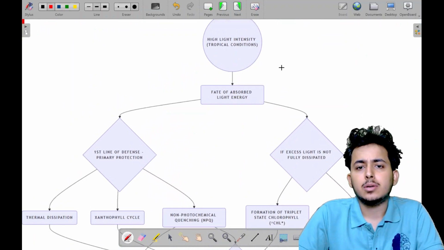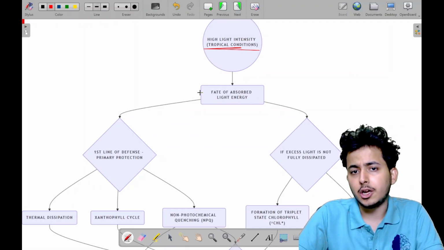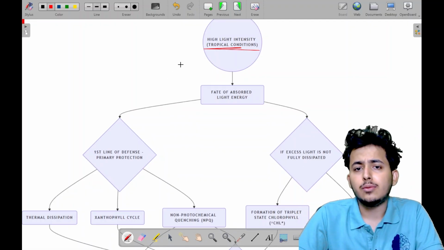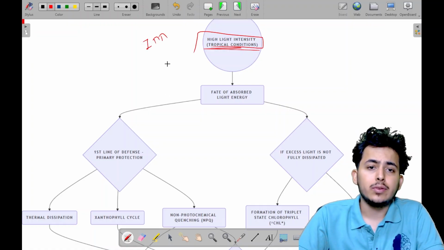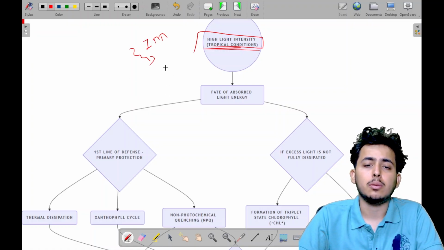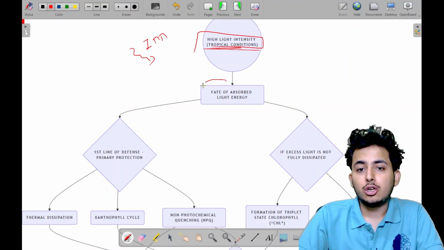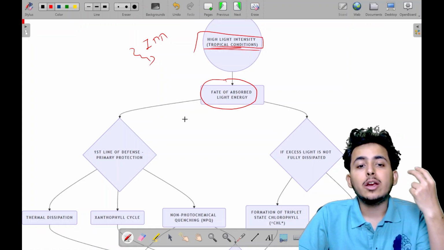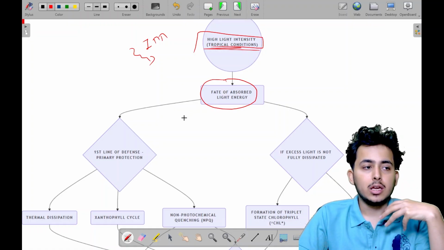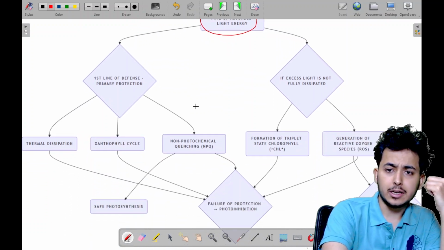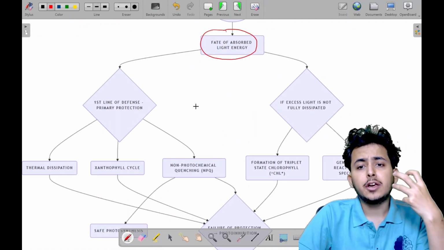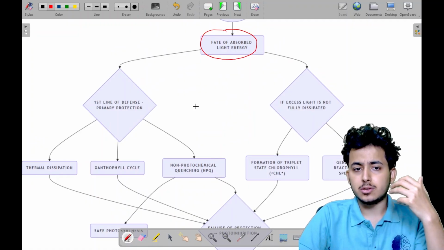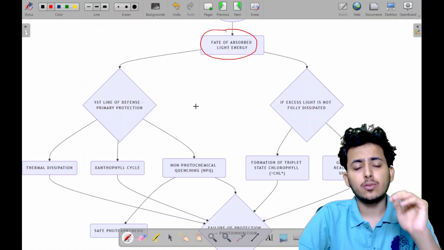Basically, in tropical conditions, when you have a very high light intensity falling on the plant, the fate of the absorbed light energy depends on two lines of defense. Like in our body, if you encounter an infection, you have different immune soldiers and different layers of protection.